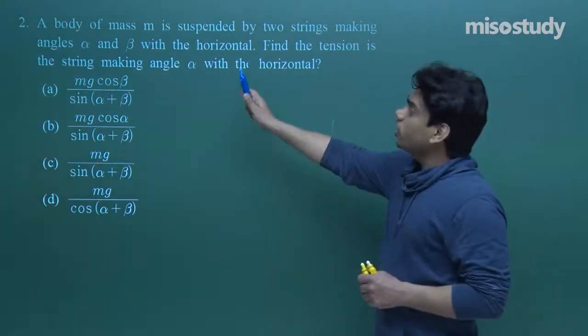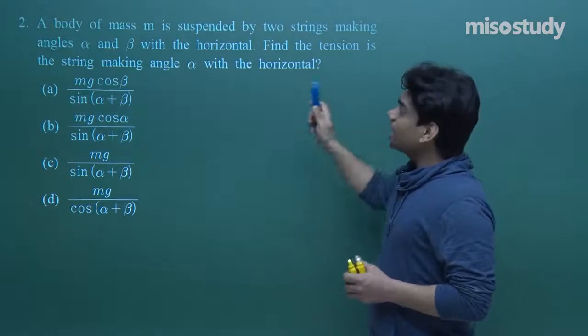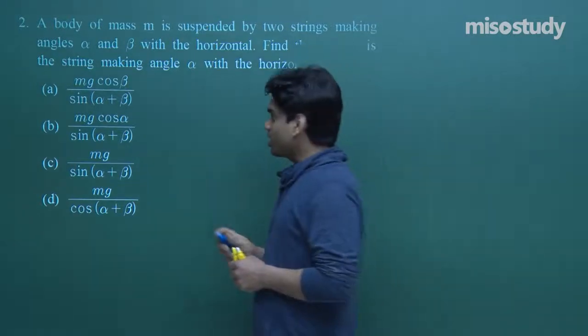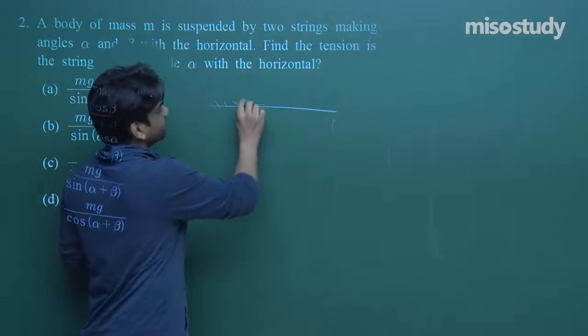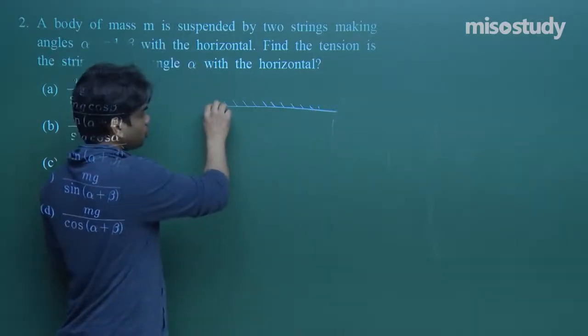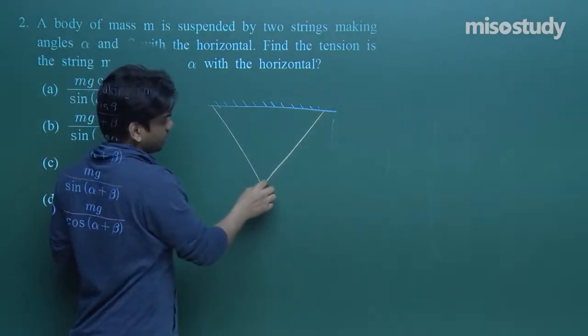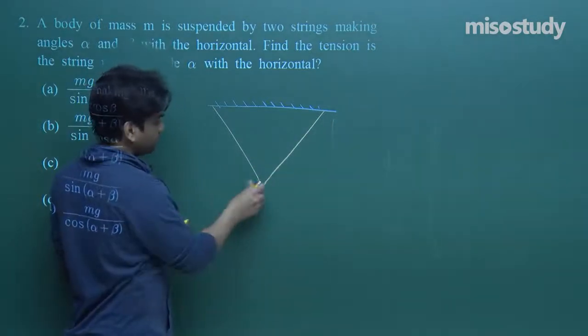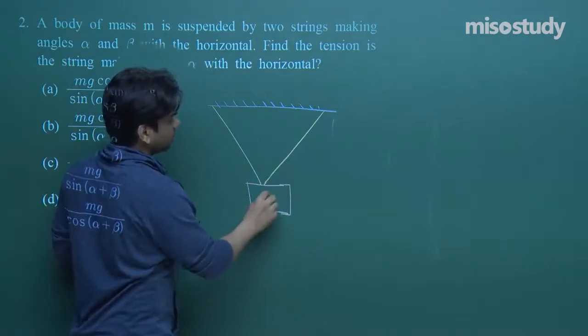See, it says that a body of mass m is suspended by two strings making angles alpha and beta with the horizontal. So if I make how the body is hanging, this will be the ceiling, then we will be having two strings which will be connecting the body of mass small m.